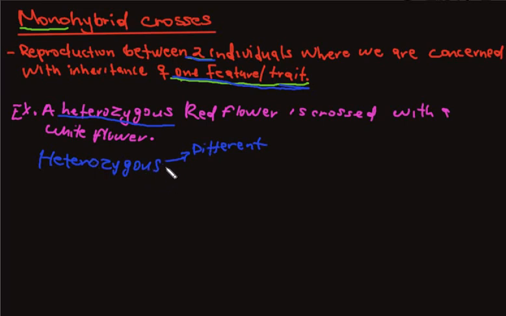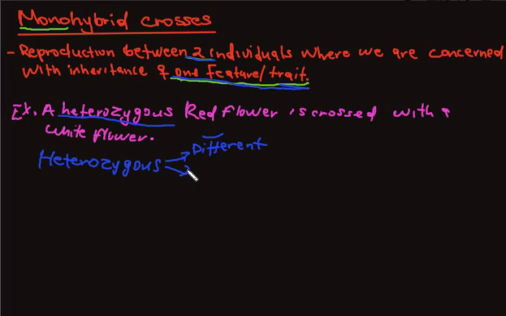And what we also know about heterozygous in the context of genetics is that whatever genotype we use to represent the features described as heterozygous, this means different. That means we will also use our alphabets in a format where they won't be the same.